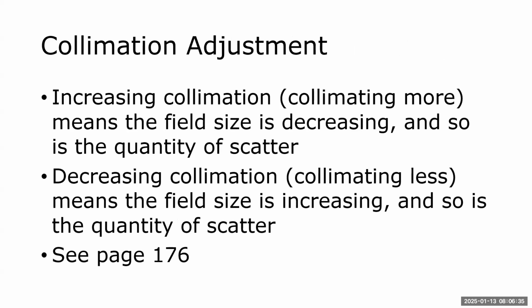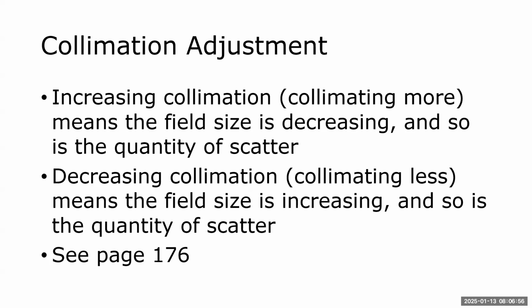So when we say we're increasing collimation, think about it this way: if you increase collimation, then you're collimating more. Increasing collimation means you're collimating more. So the field size is doing what? Getting smaller, right?